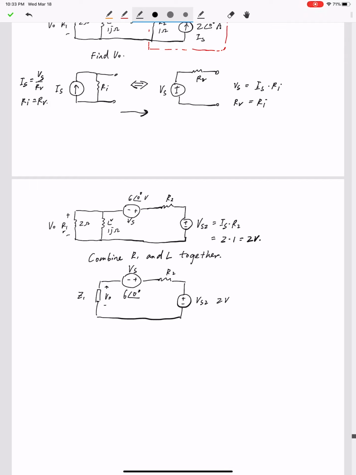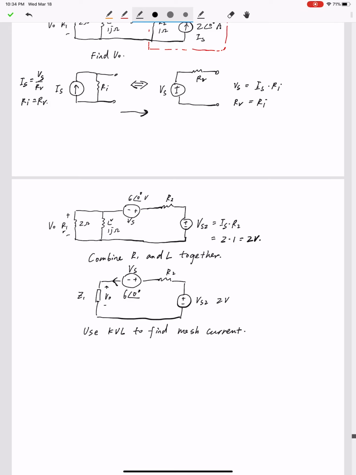Alright, the rest of the work should be easy, right? Because we can use KVL to find the mesh current. But for this mesh current, you need to be very careful because the current direction should flow this way.